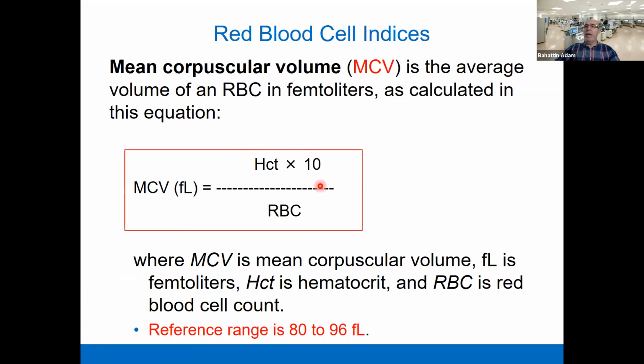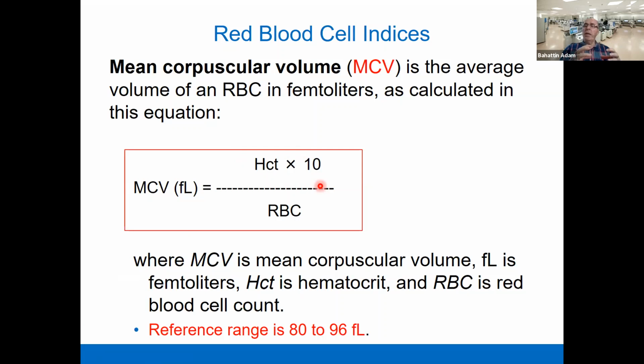It tells us something about the volume, the size of the red blood cells, whether it is increased or decreased.